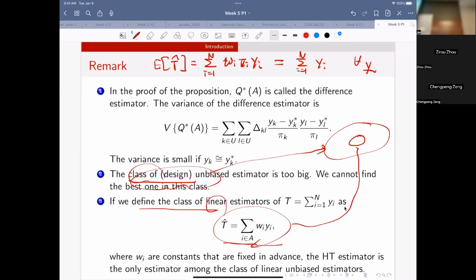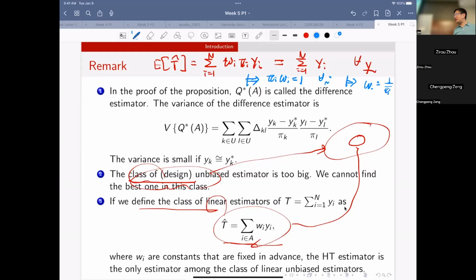So this equality implies that pi i wi equals 1 for all i, which implies that wi equals 1 over pi i, which is the Hurwitz-Thompson estimator. So that means the Hurwitz-Thompson estimator is the only unbiased estimator among this class of linear estimators.